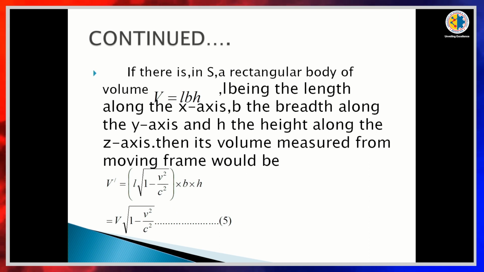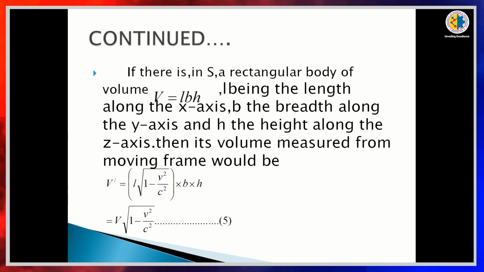If there is in S a rectangular body of volume V equal to L B H, L being the length along the x axis, B the breadth along the y axis and H the height along the z axis, then its volume measured from the moving frame would be V dash is equal to L into root over 1 minus v square by c square into B into H. After calculation, we get V into root over 1 minus v square by c square, because L B H is the volume given.